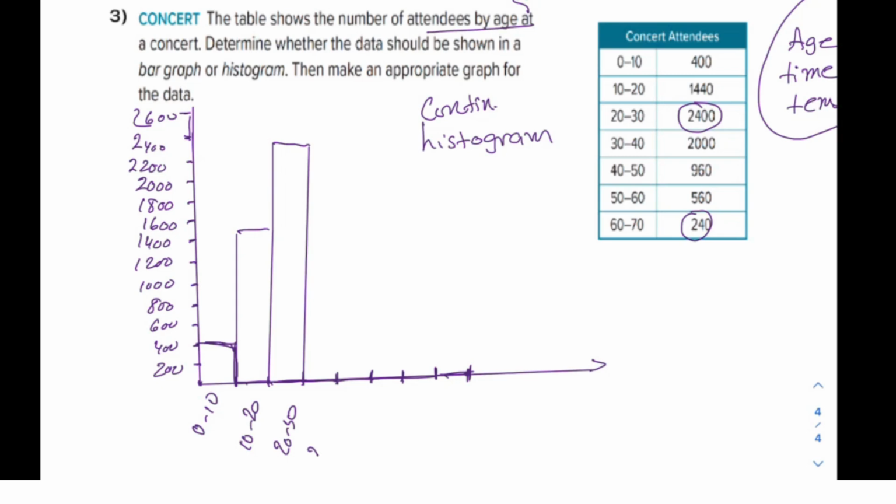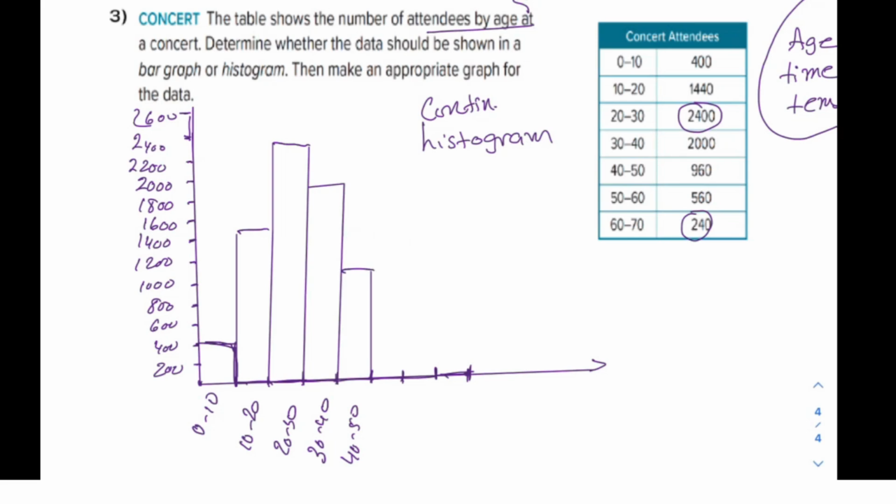30 to 40, until up to 2,000 only. Then 40 to 50. Actually here 40 to less than 50, 960. So it is up to about 1,000, a little less than the 1,000.